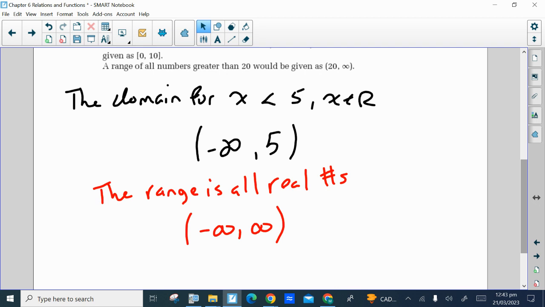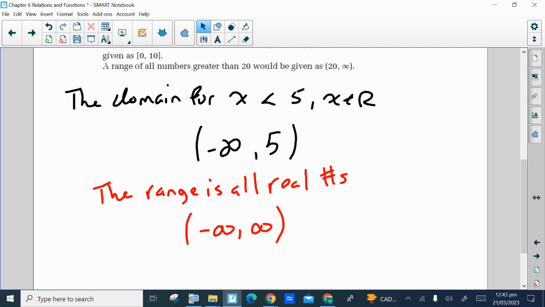The domain for x is less than 5, where x is an element of reals. So remember, you're always going from smallest to greatest. So you're going from 5 down to negative infinity. But when you use interval notation, it's always smallest to greatest, which means you have to have the negative infinity first, comma, 5 second. And the rounded brackets are used because those end values are not included.